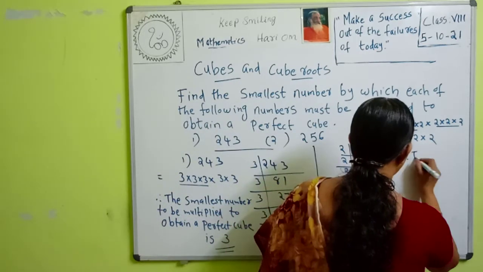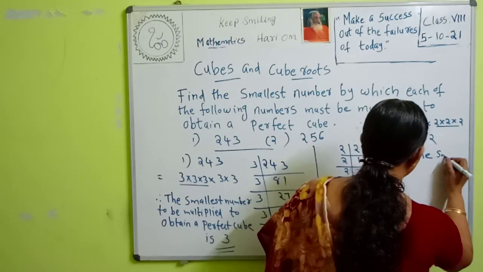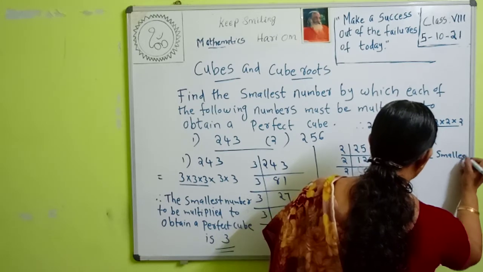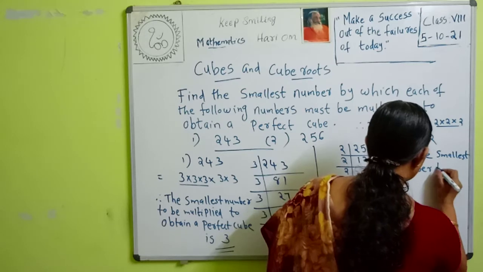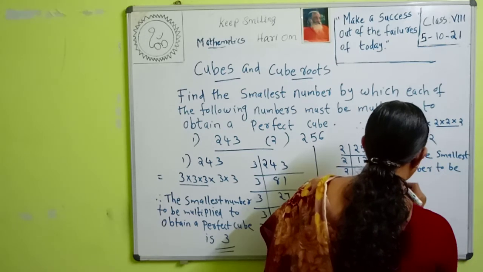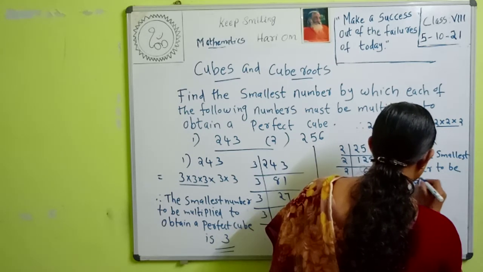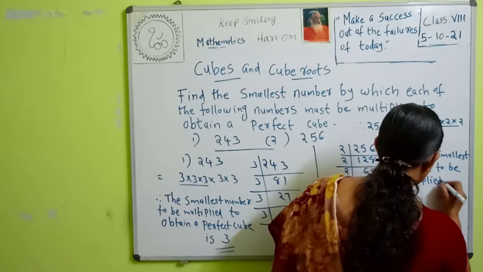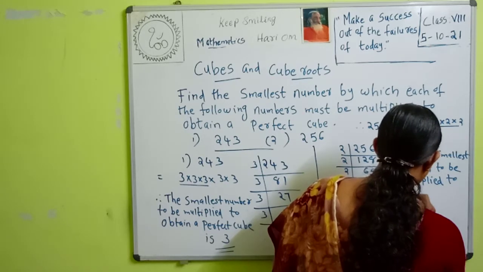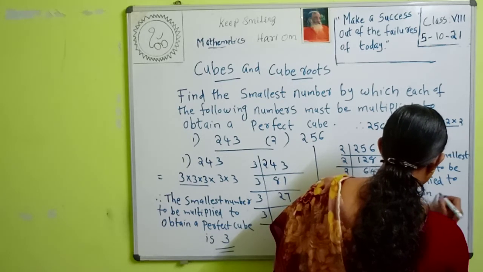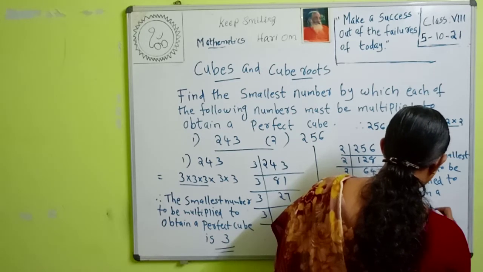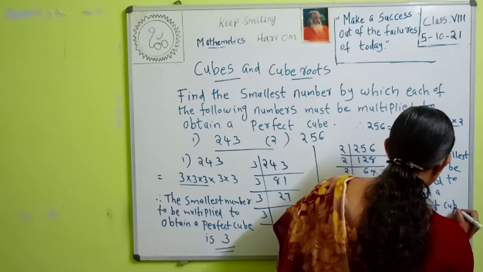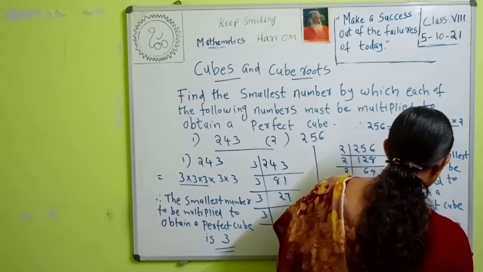Therefore, the smallest number to be multiplied to obtain a perfect cube is 2.